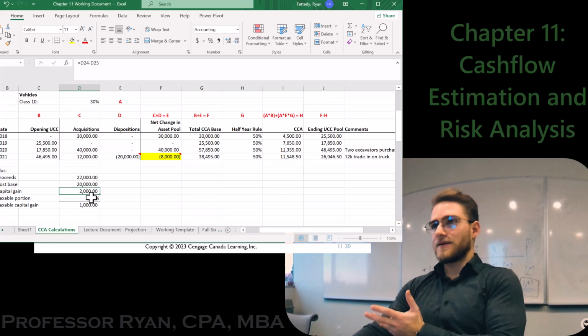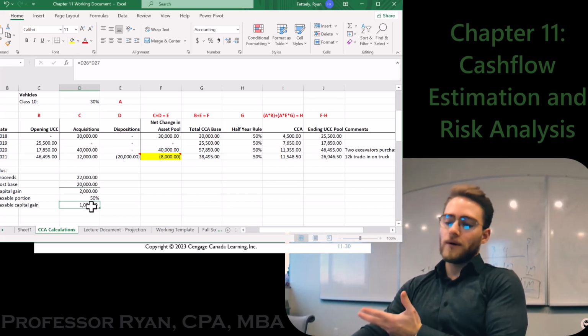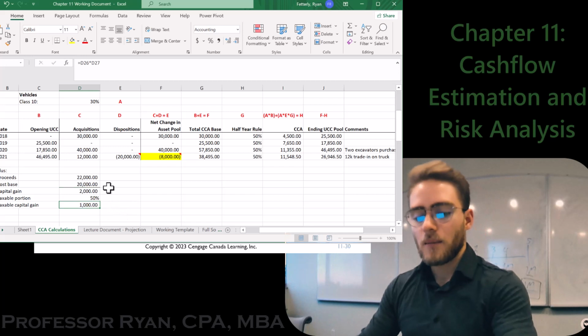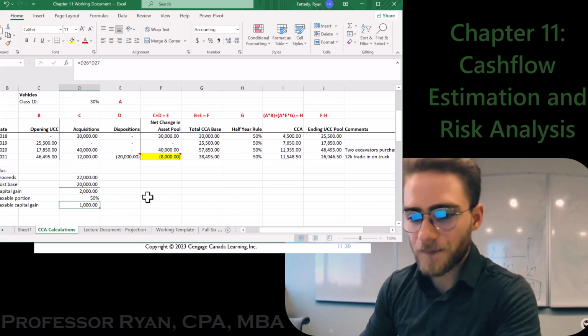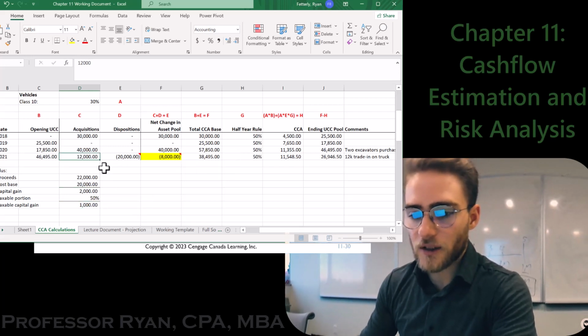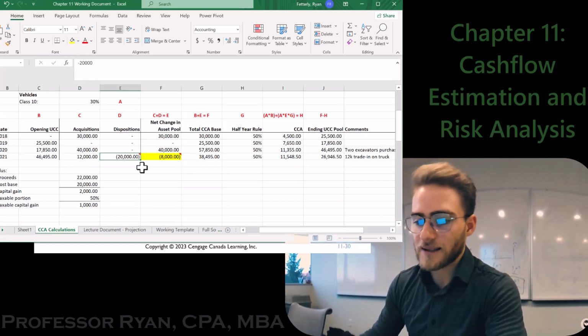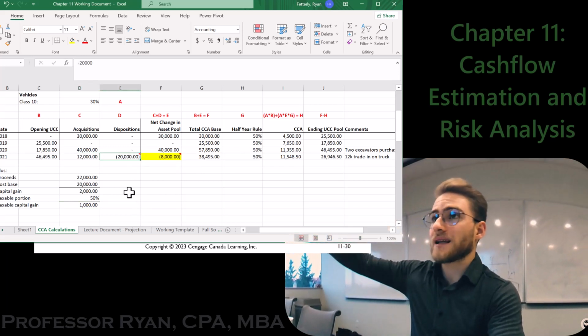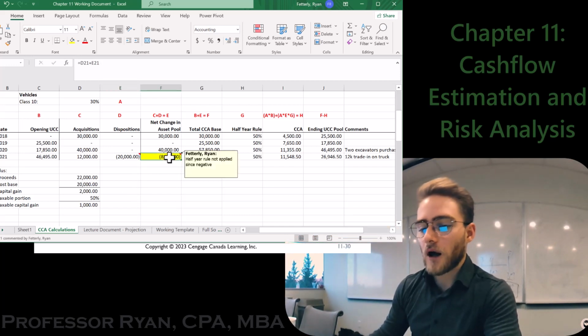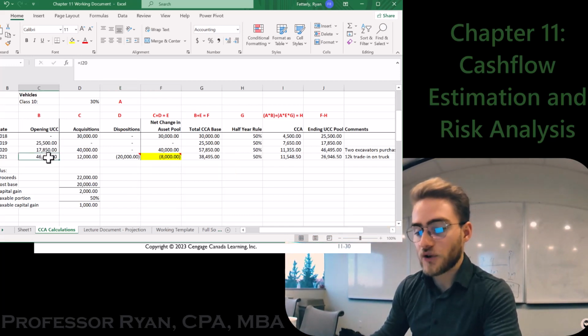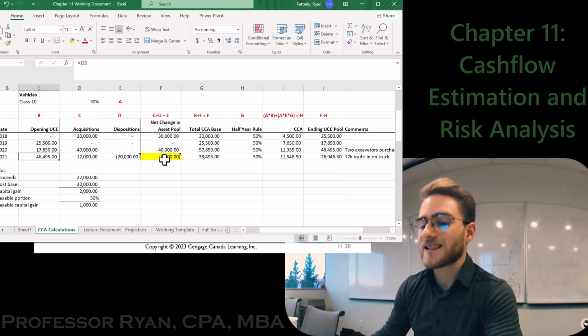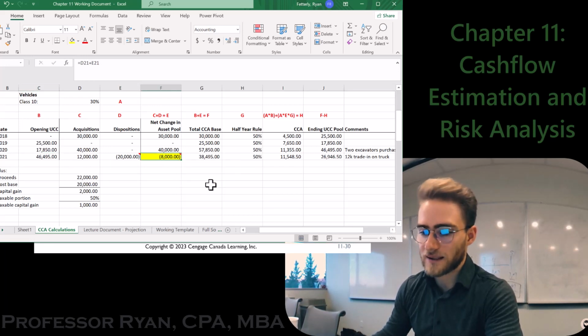Capital gains are taxed at 50% in Canada, so we only have a $1,000 taxable capital gain. But for CCA purposes, we go the 12,000 acquisitions minus the $20,000 in proceeds that we got for selling the excavators. So our UCC, undepreciated capital cost pool, is going to decrease by $8,000 in this case.